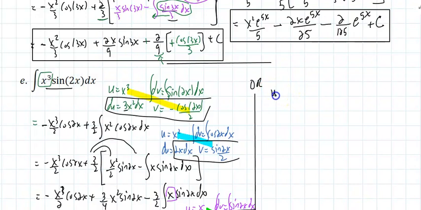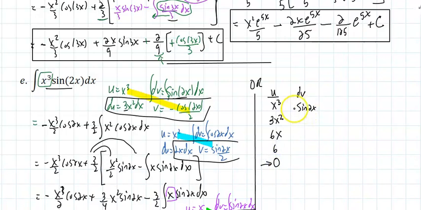Or somebody looked at this and said, you know what? Here's u. You're going to let u equal x cubed. And the dv, kind of like the first setting, the sine of 2x. Take a derivative, take another derivative, take another derivative. The idea is you keep on taking derivatives until you get a 0.